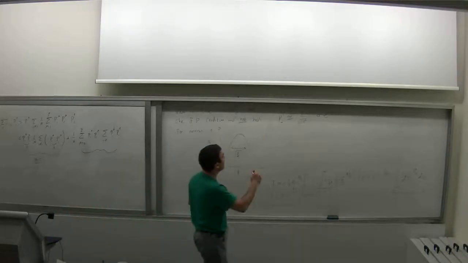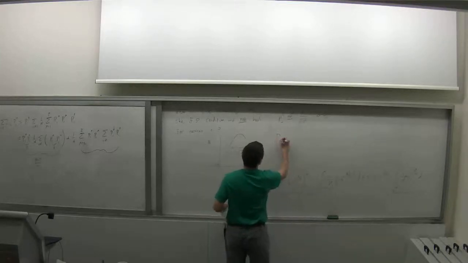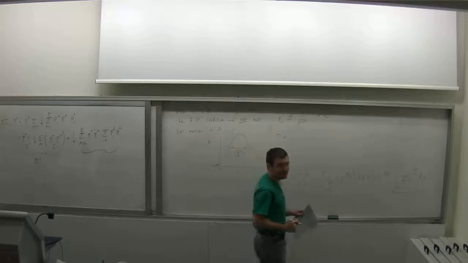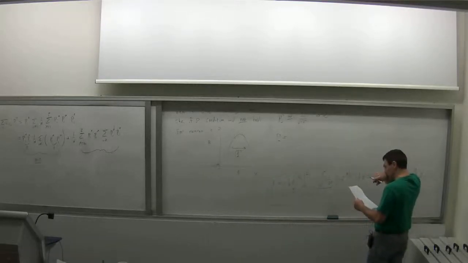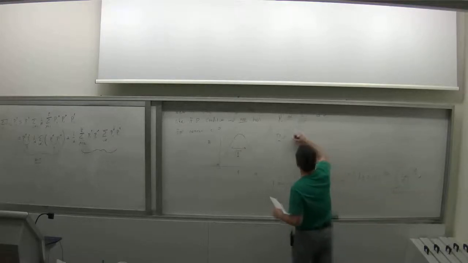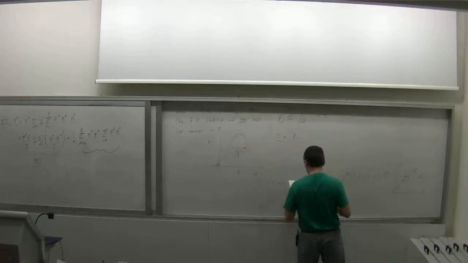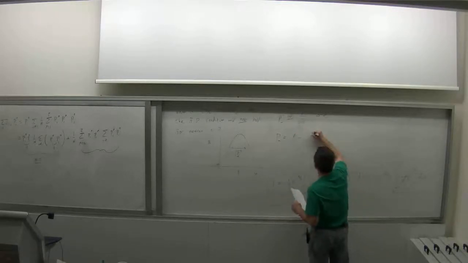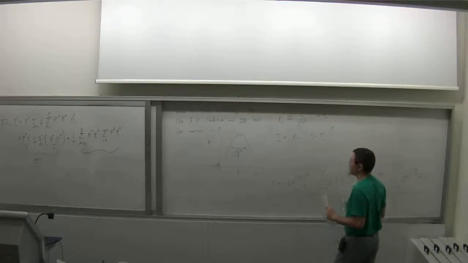So I'll denote it by P minus. P minus is the probability of at least one mistake. And this is equal to 1 minus pi minus to the power of n.